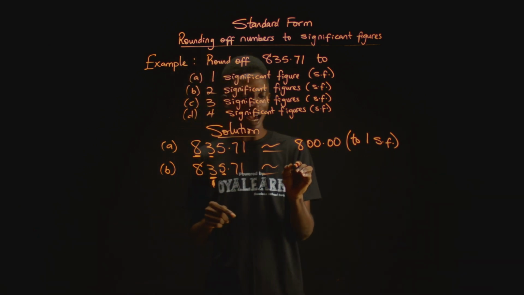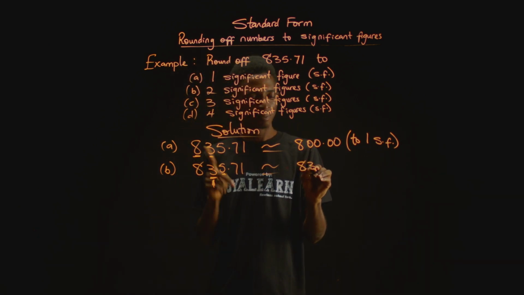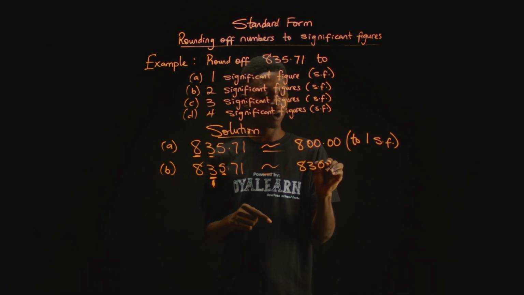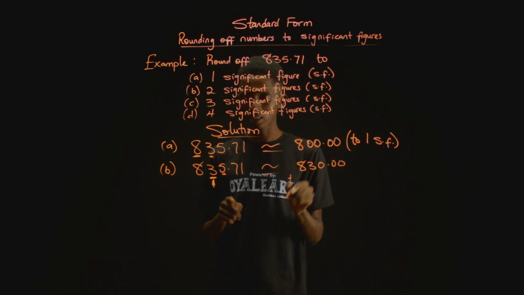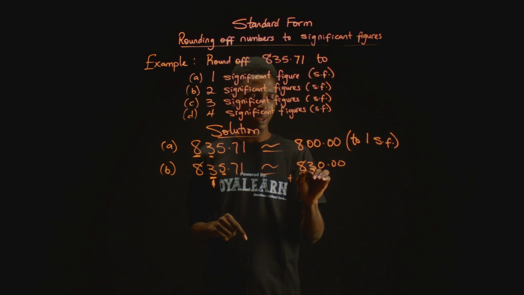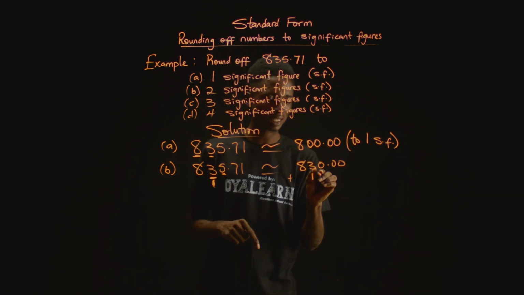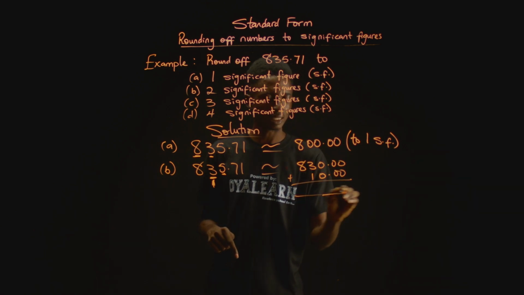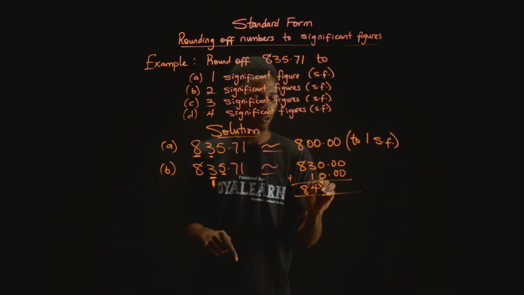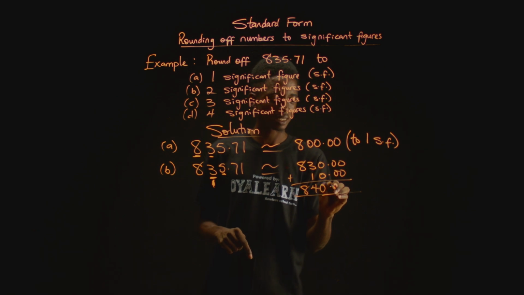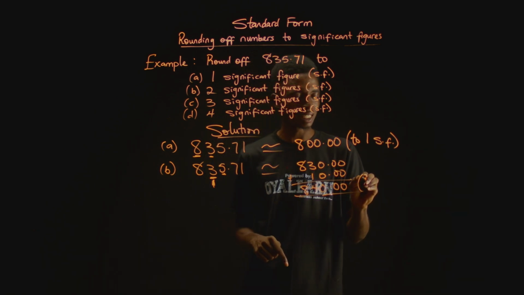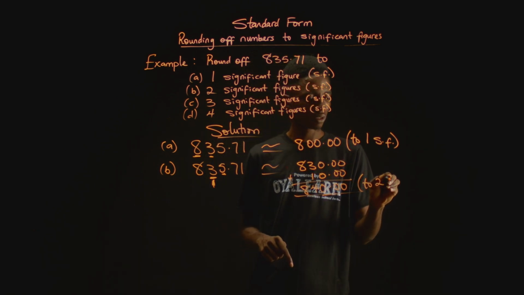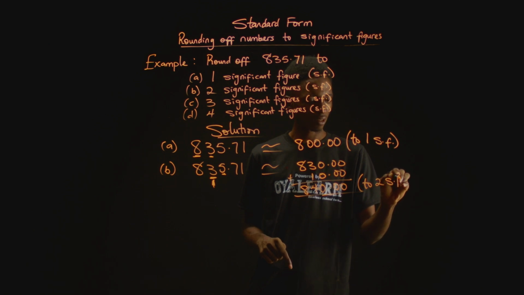So when we do that, what we'll be having is 8, 3, then every other thing becomes 0. So 0.00 plus, now this is the rounding off point, so we add 1 to this, and every other thing is 0. So when we add this, what we get is 840.00. And this is to two significant figures.